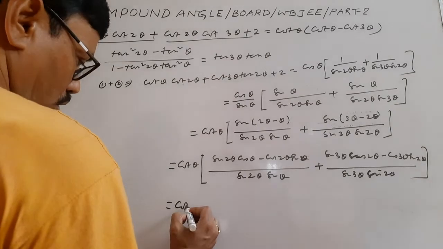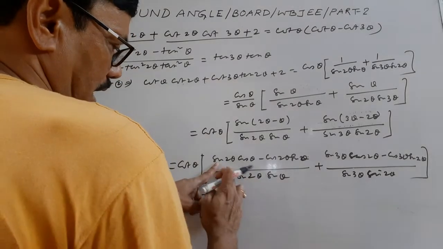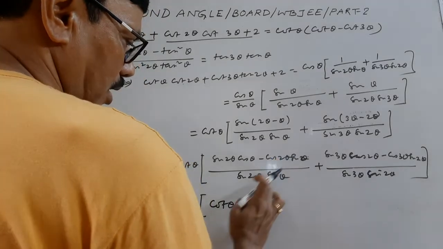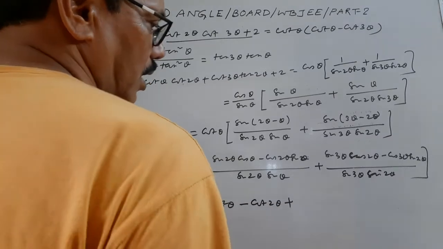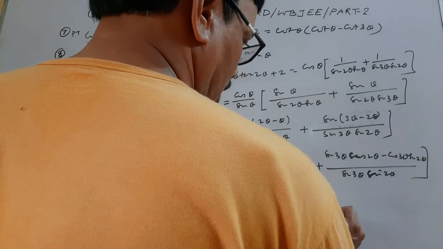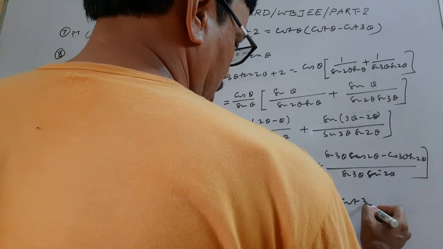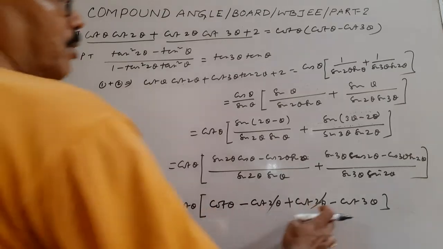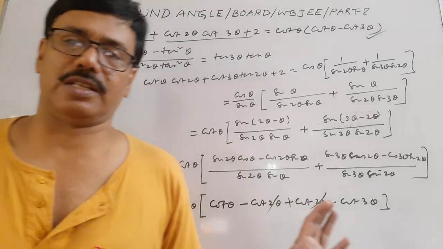Look, this by this, so sin 2 theta is cancelled. Cos by sin, this is cot theta. This by this, sin theta is cancelled, this is cot 2 theta. Now sin 3 theta is cancelled: cot 2 theta minus, sin 2 theta cancelled, cot 3 theta. So what you are getting? Cot theta into cot theta minus cot 3 theta. So you are getting the result.